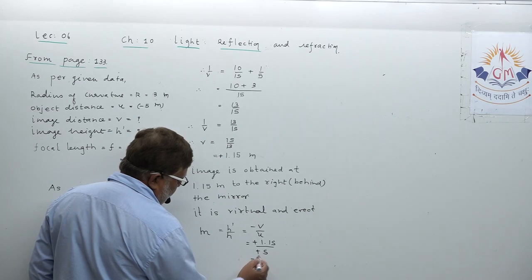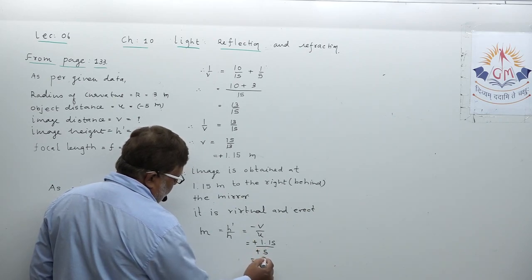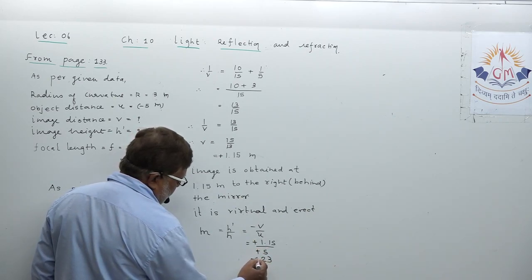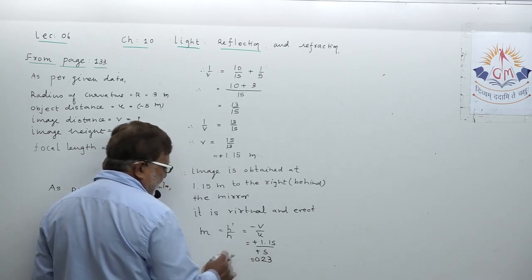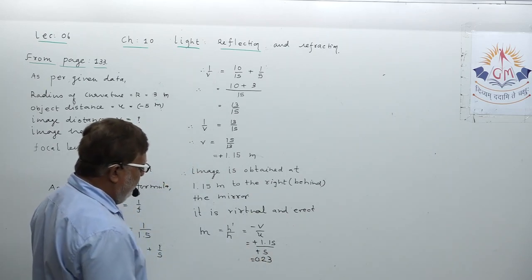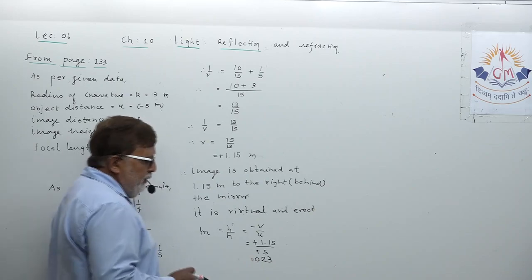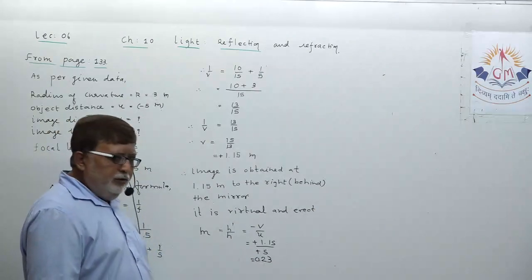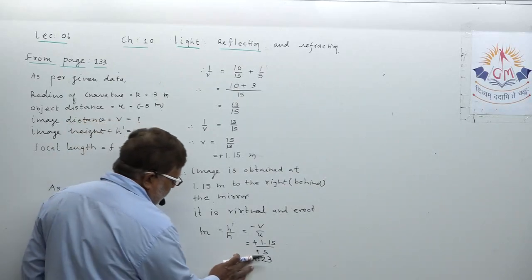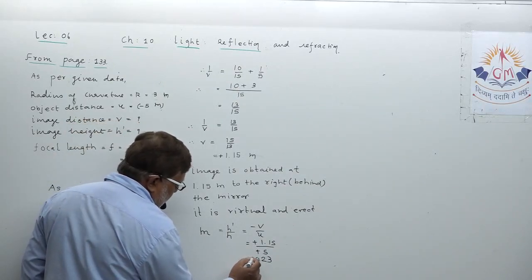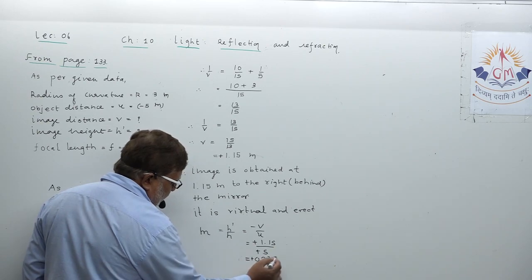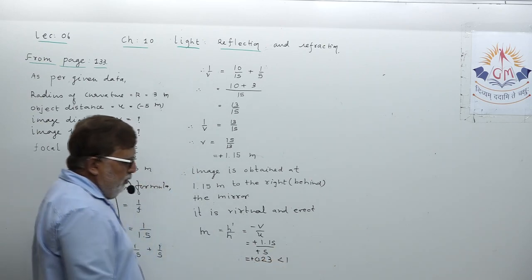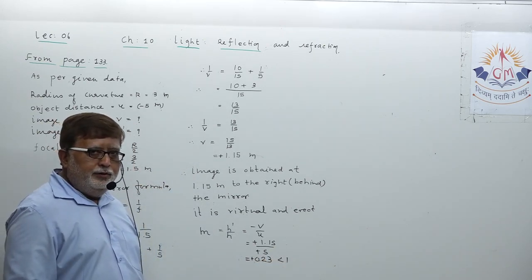Minus minus plus, if you just cancel, 5 2 ja and 3 ja, 0.23. That means, dear student, make one thing clear. When they are talking of size, understand what is the value of magnification you got? Again positive 0.23, less than 1, which I have reminded you.